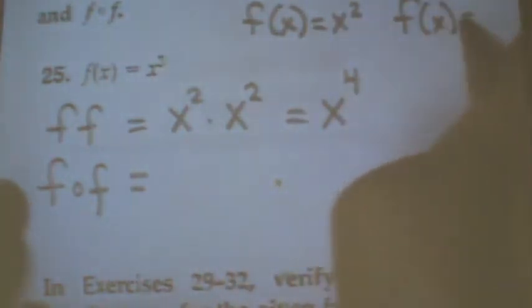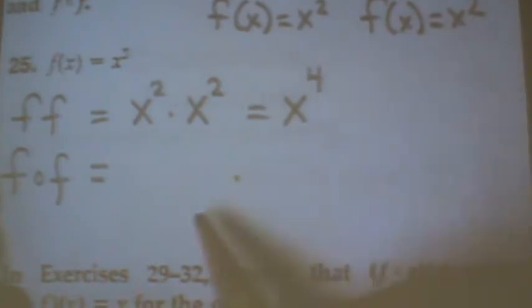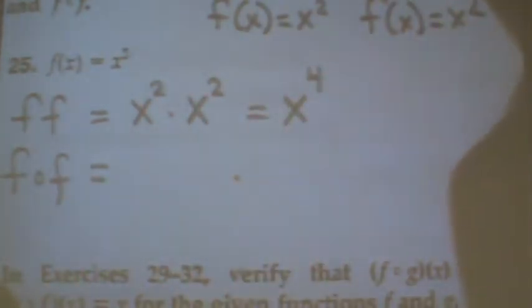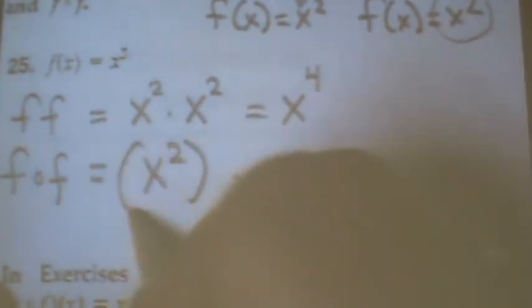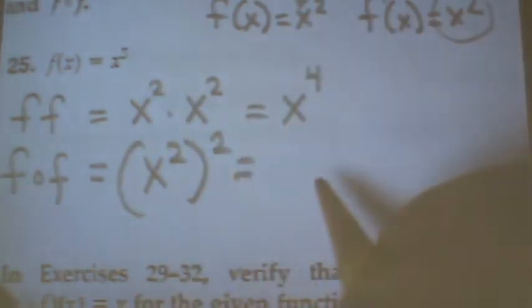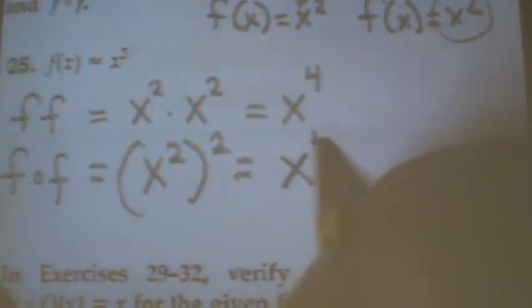This is what I like to do, I write it twice. Does anyone else do that? So what's f of x? It means take f of f. You're taking this function and you're plugging it in here. So it's x squared squared. What's that answer? x to the 4.